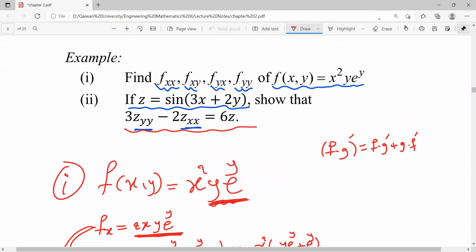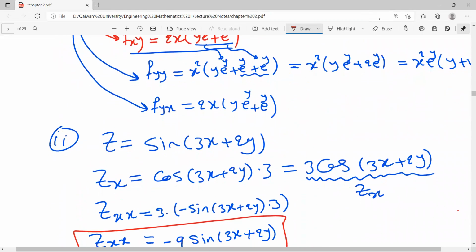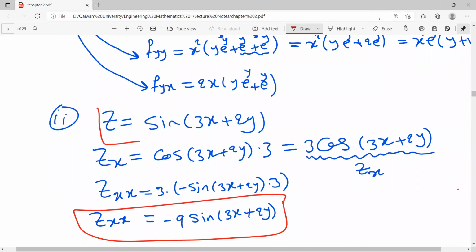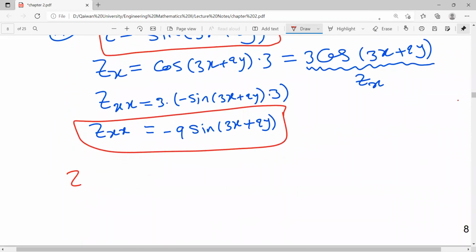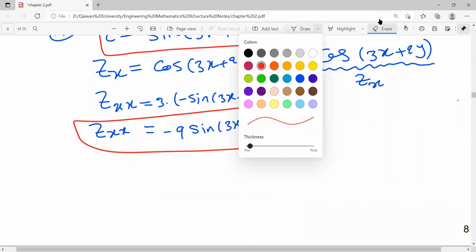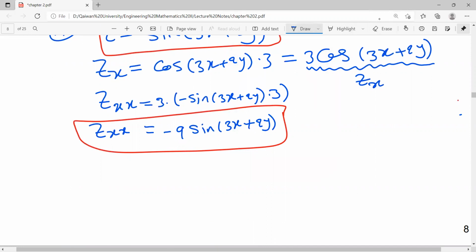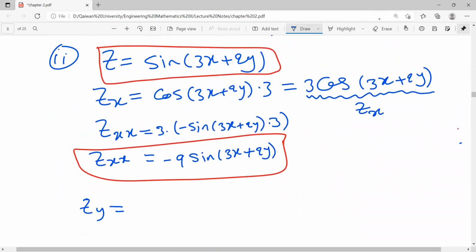So we found z sub xx, and you should find z sub yy. First, we should find z sub y. We are going to find the derivative of z with respect to y.